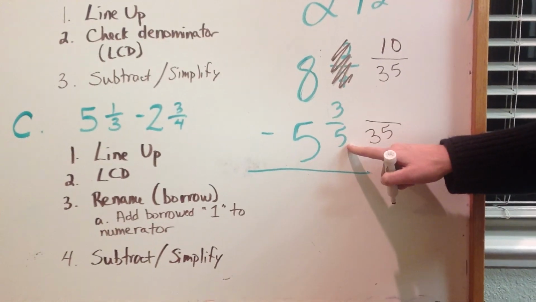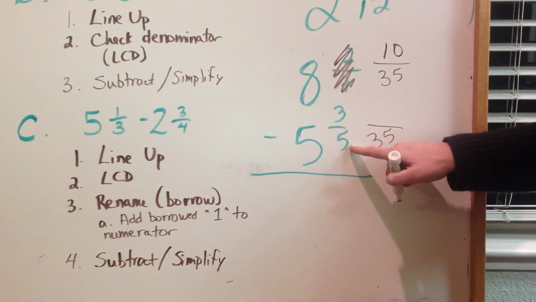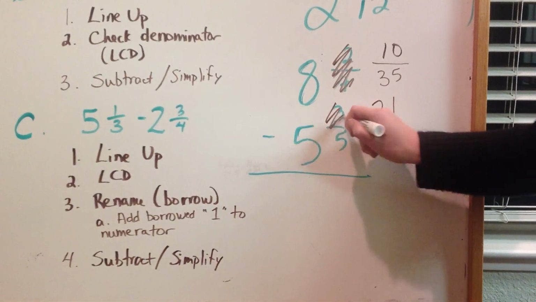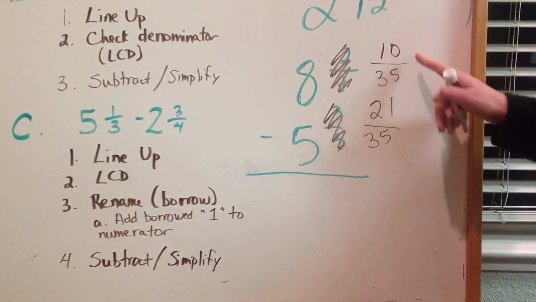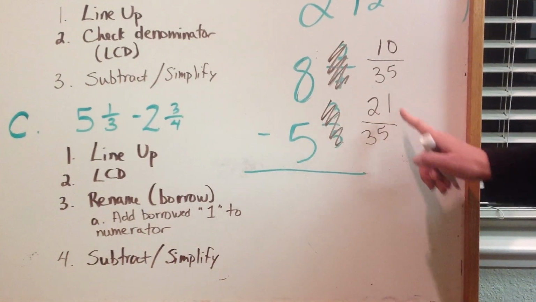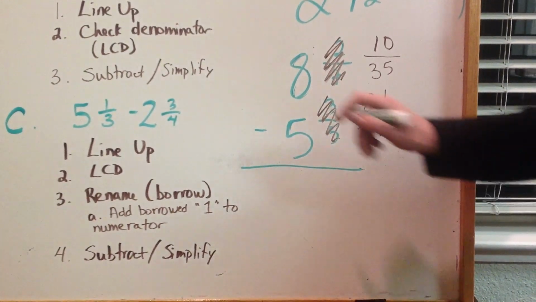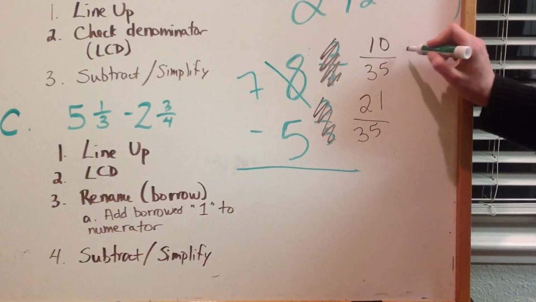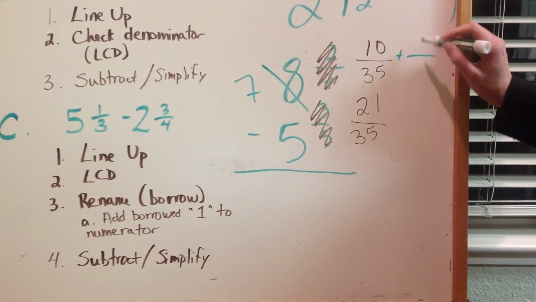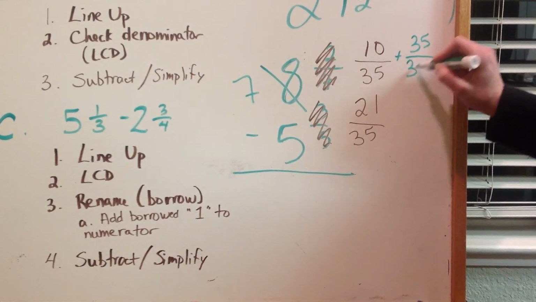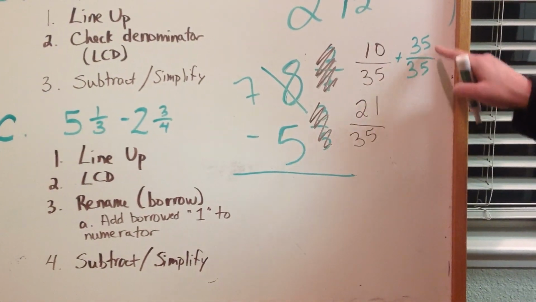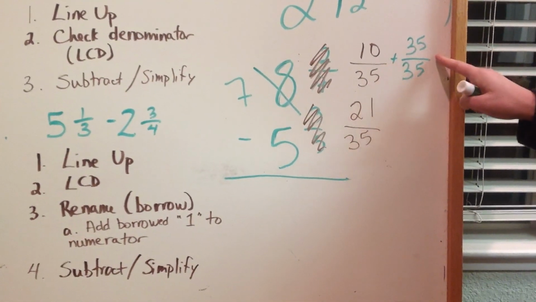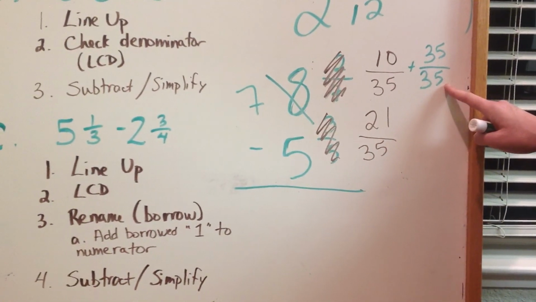I multiplied my denominator by 7 to make it 35, so I have to multiply my numerator by 7. 3 times 7 is 21, and now this is gone.